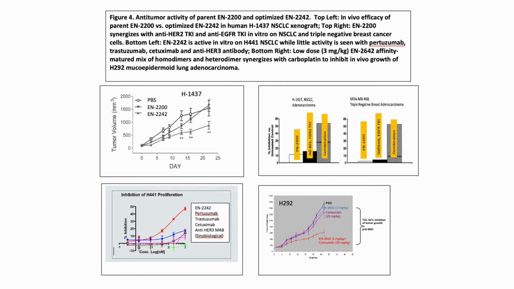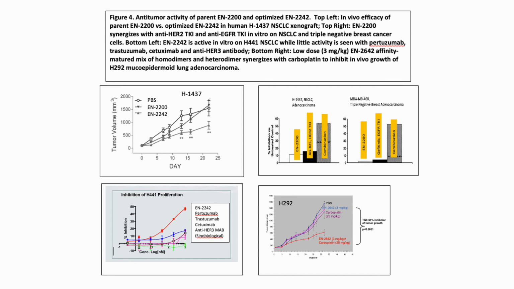On the left side, an anti-HER2 tyrosine kinase inhibitor called AG825, and on the right, an anti-EGF receptor tyrosine kinase inhibitor, gefitinib. In these models, the tyrosine kinase inhibitors synergize with the growth factor trap.